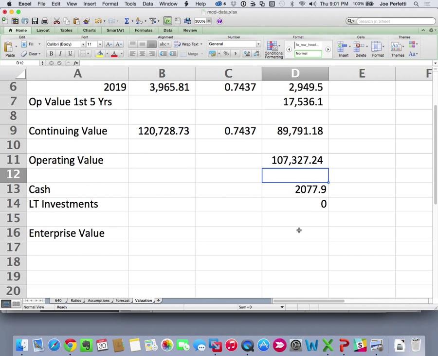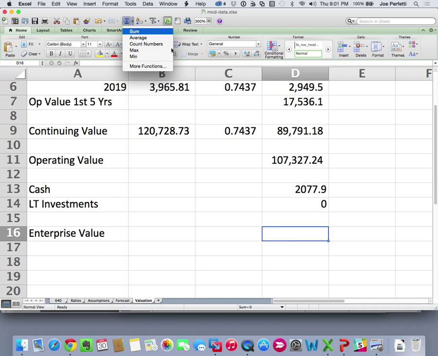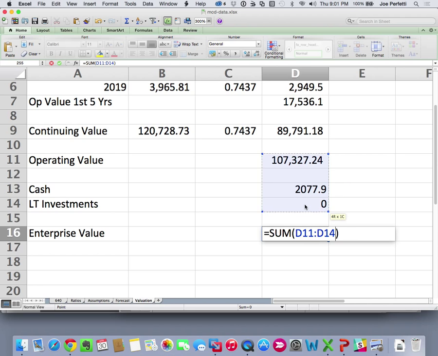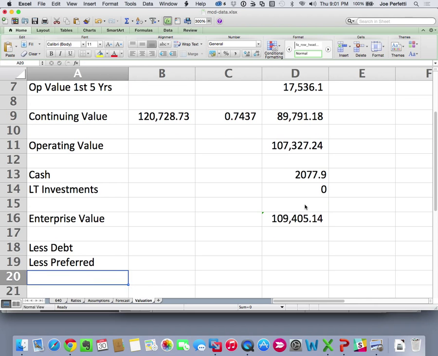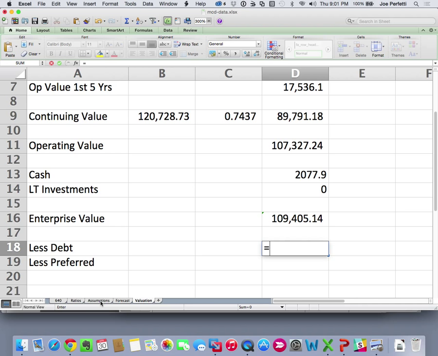Then the enterprise value is going to be the sum of those three things, the operating and the non-operating assets. And then what I have to do is less all the debt, less any preferred. I'm not going to worry about pensions for now. Let's keep it simple.